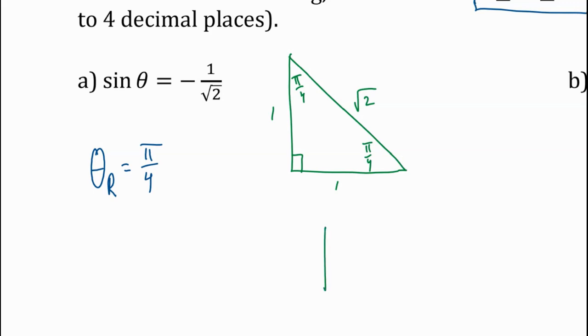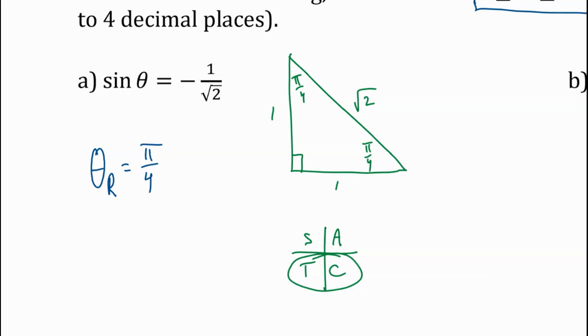Cast rule. Good. And sine is negative in the bottom two quadrants. So I need to find theta in quadrants 3 and 4 that has the related angle of pi by 4.